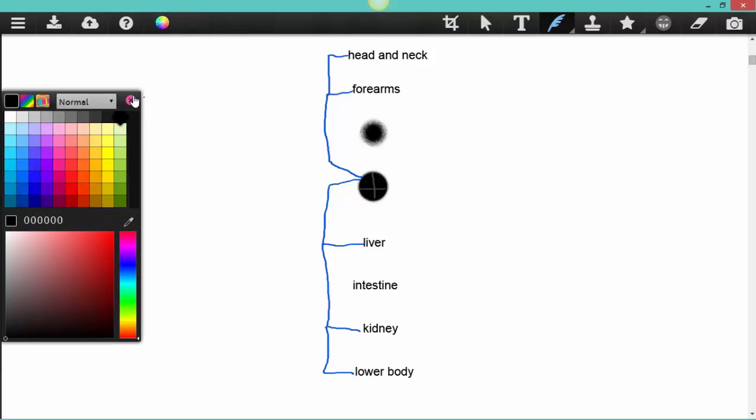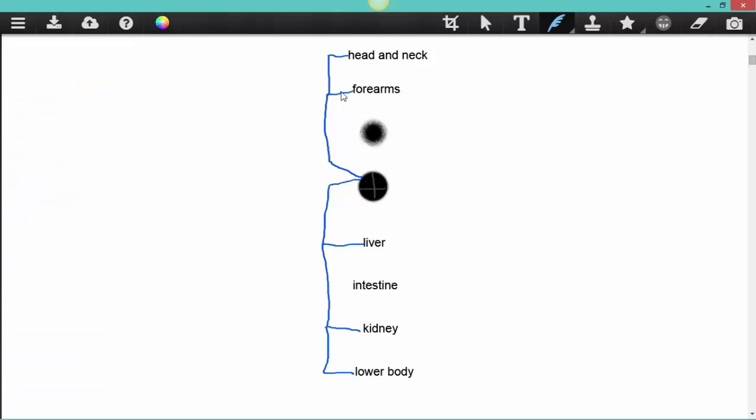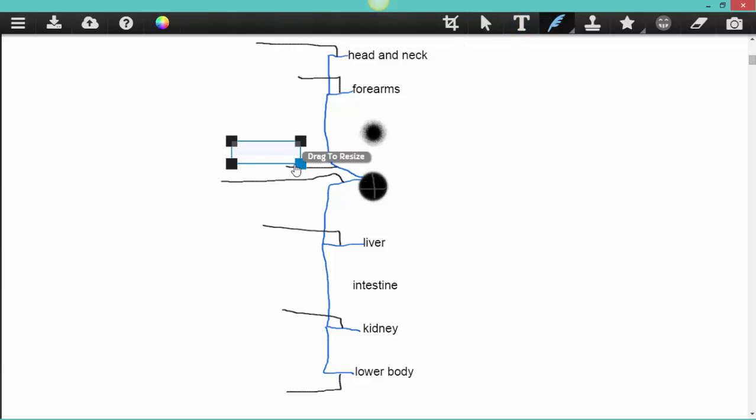And these are, so let's label them. This is superior vena cava.